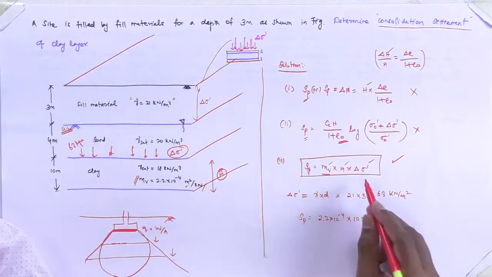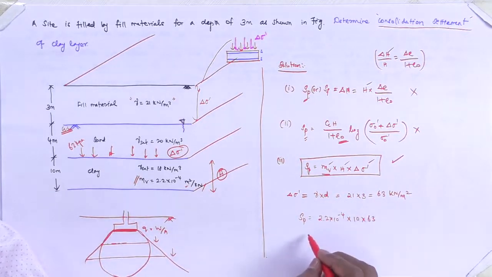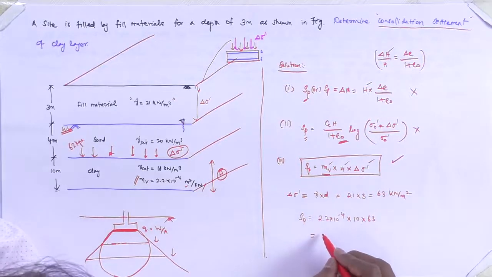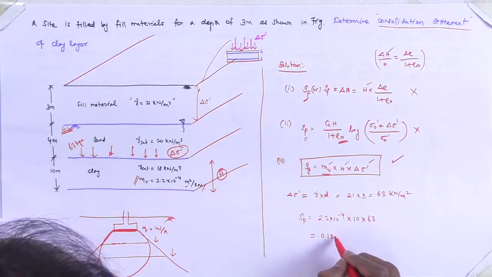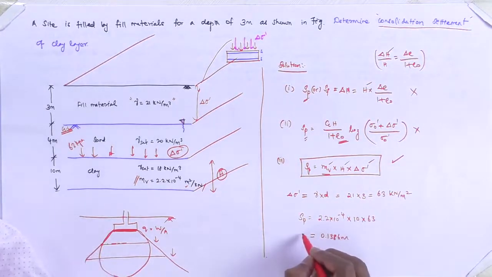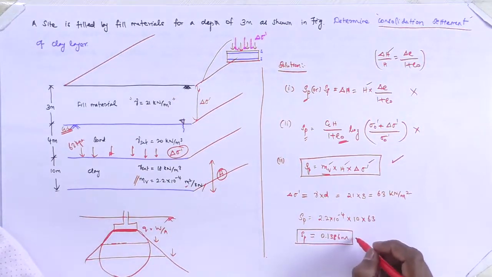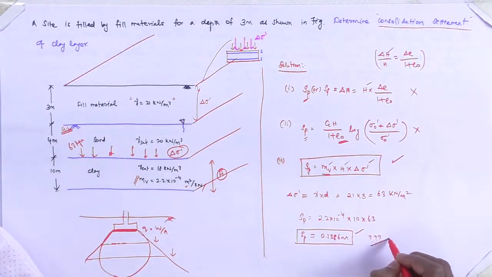Multiplying with 63, finally we get 0.1386 meter. This is going to be the primary consolidation value, but how much time it will take, we will see in the next problem.